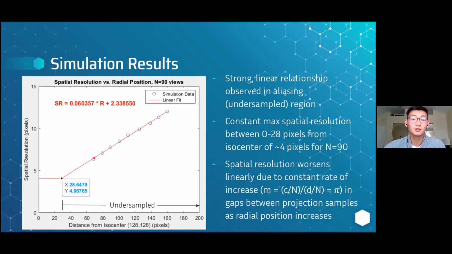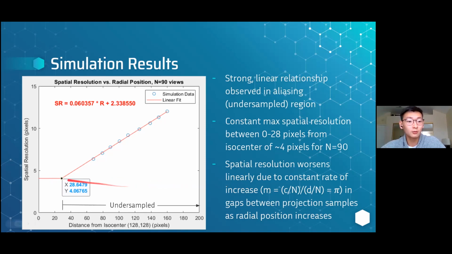As we expected, we observed a strong linear relationship in the undersampled region, and we also observe a constant max spatial resolution in the adequately sampled region. One thing to note here is that the spatial resolution likely worsens linearly, and this is due to the gaps in delta S increasing in magnitude corresponding to the radial position at which they're taken.